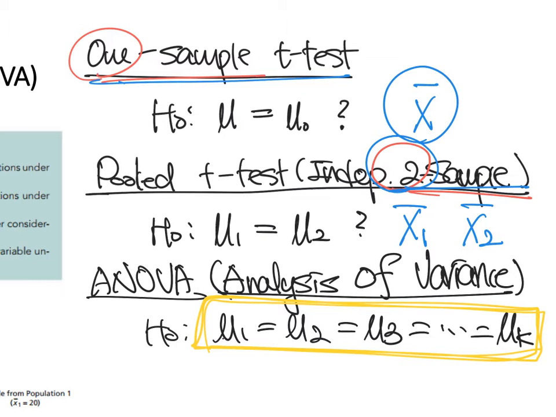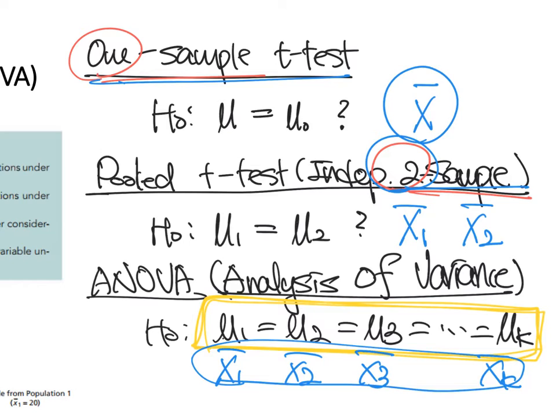But now in ANOVA, we are going to have k sample means, because in ANOVA we have k populations and k samples from each. So we are going to compare the k population means.